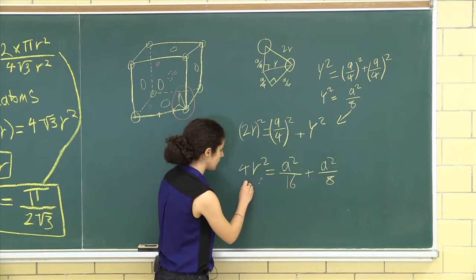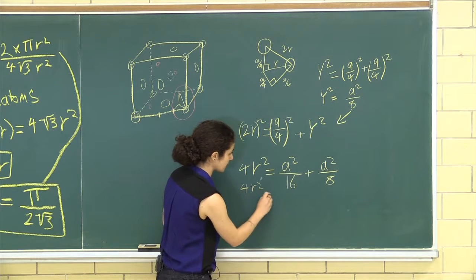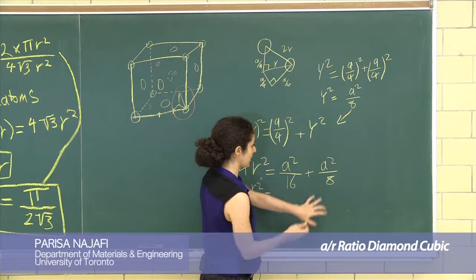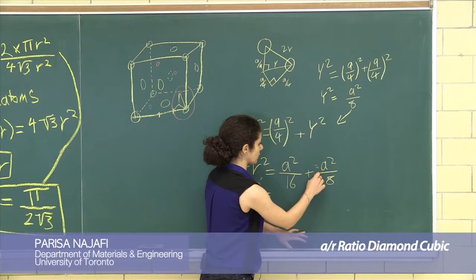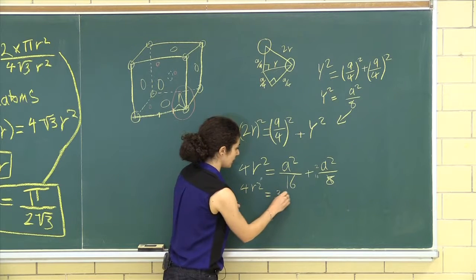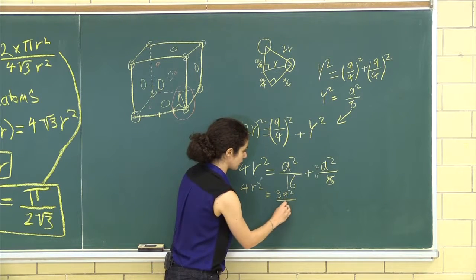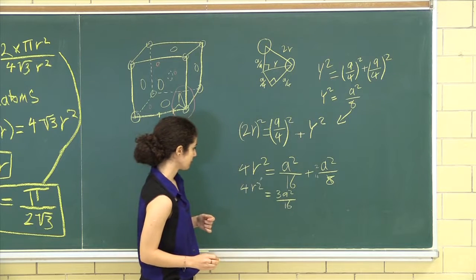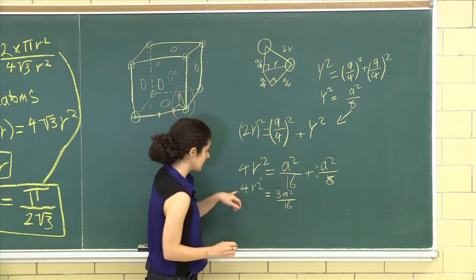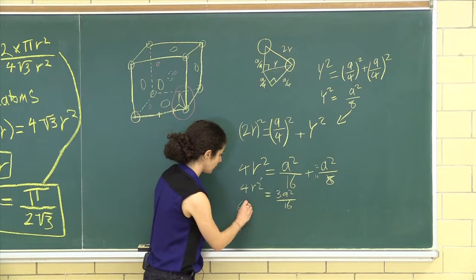So 4R squared is equal to A squared over 8, which is the same thing as 2A squared over 16, right? So that means we have 3A squared over 16. Now let's solve for A squared. 16 times 4 is 64.